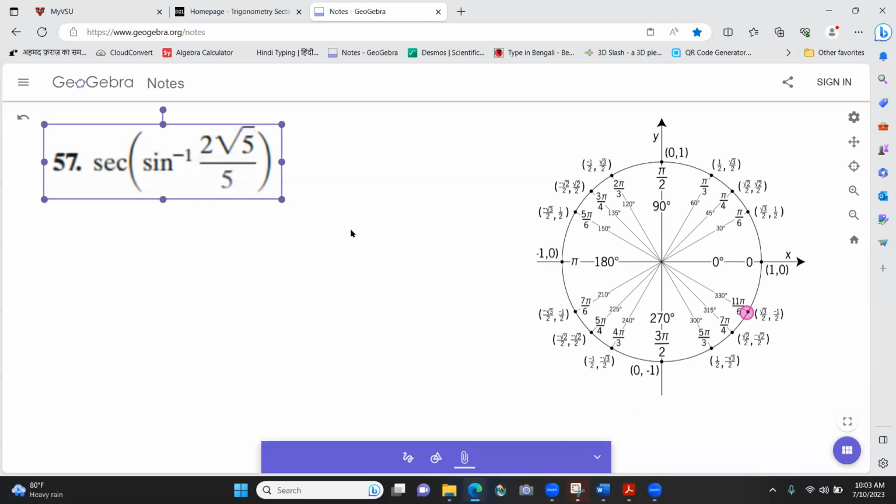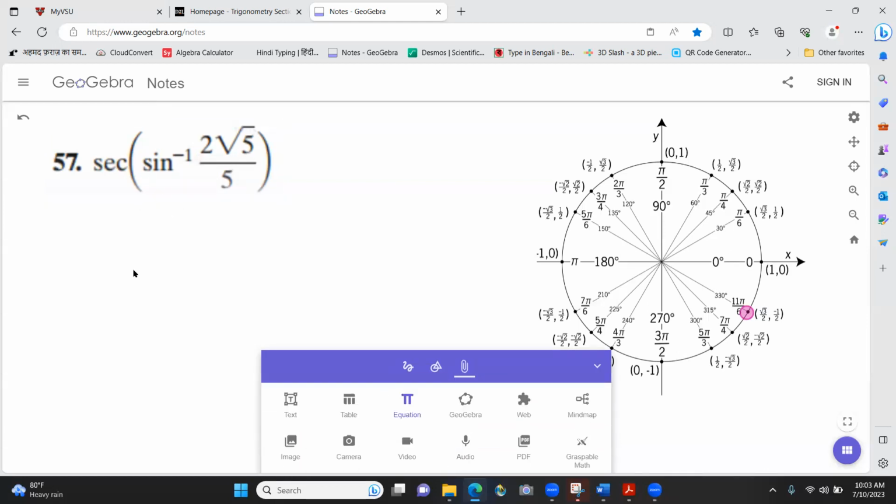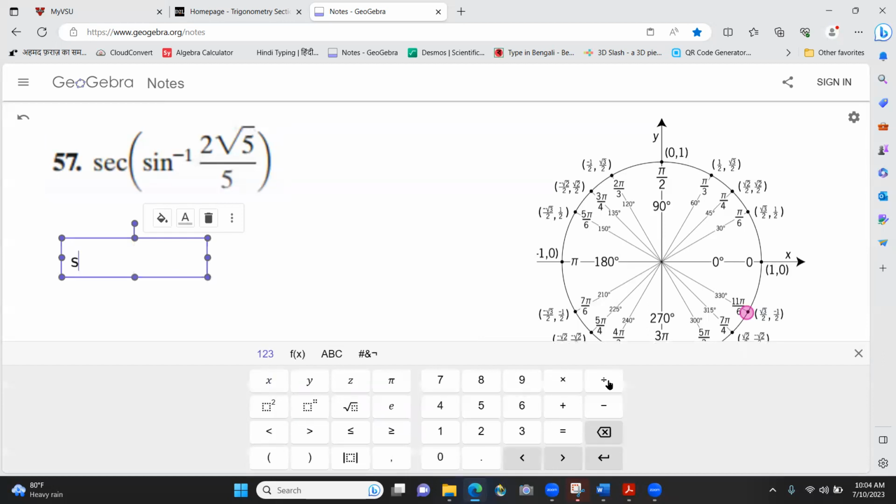All right. We are talking about inverse functions. We are working on 3.2. I'm going to write this whole thing and say this is equal to sine theta. I'm going to call it theta.